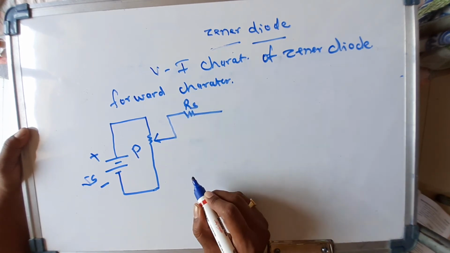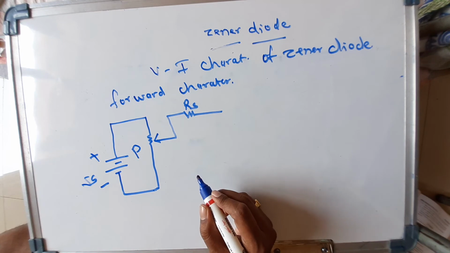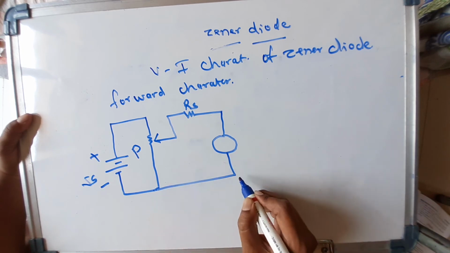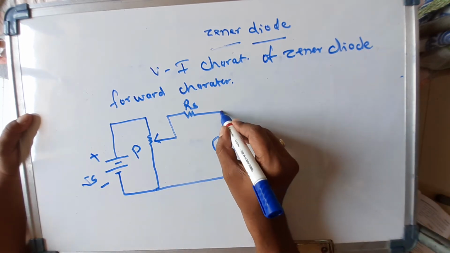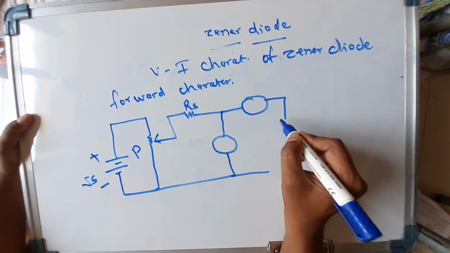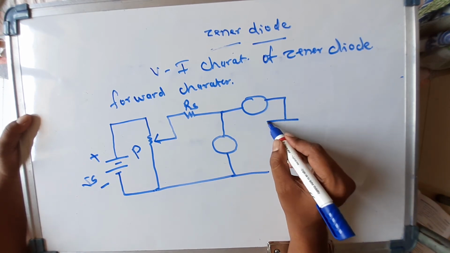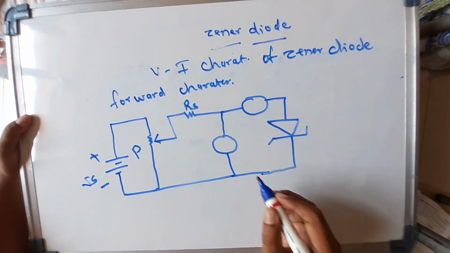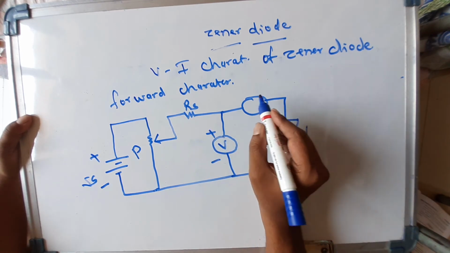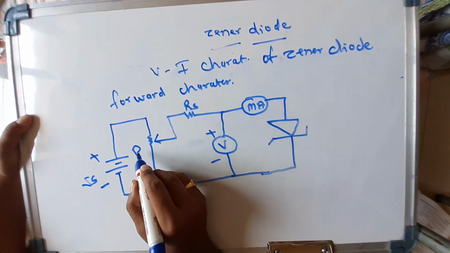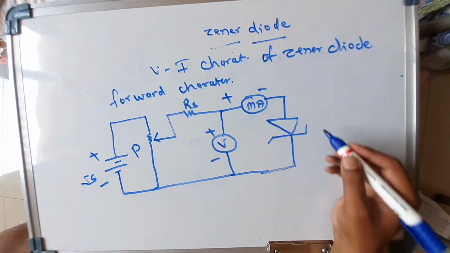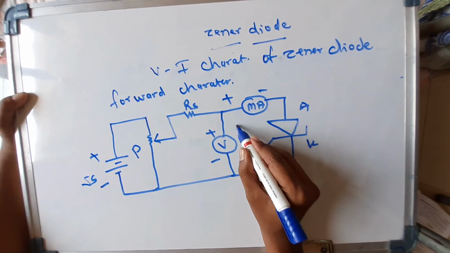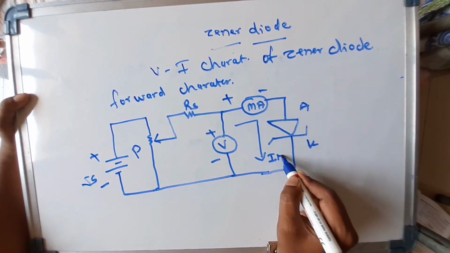This is a current limiting resistance Rs. This is for measurement of voltage, and this is for the measurement of currents. Afterwards, there is a diode which is called as Zener diode. This is plus minus, here current plus minus, anode, cathode. A small amount of current is flowing, that is IF, forward currents.